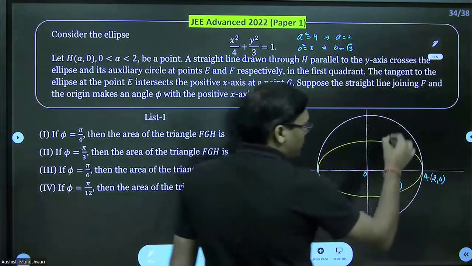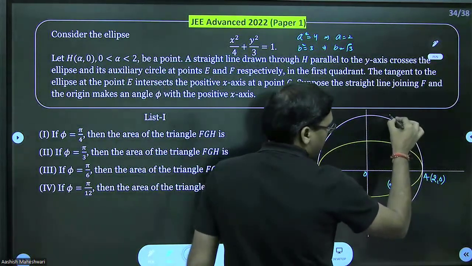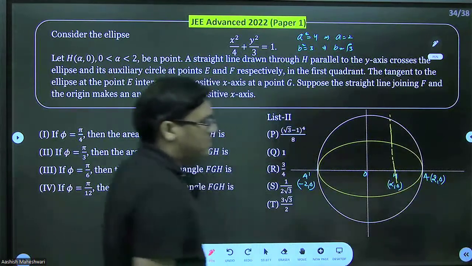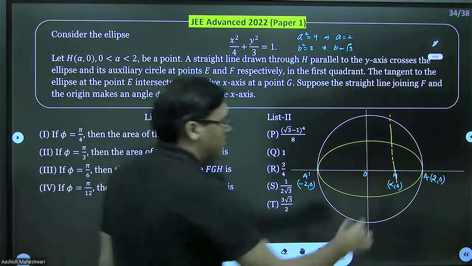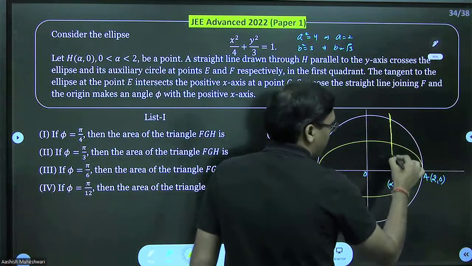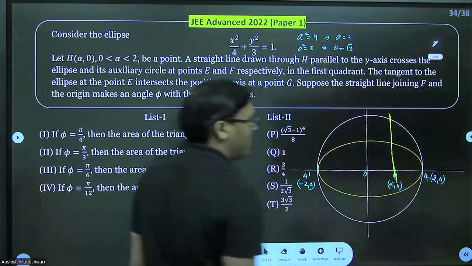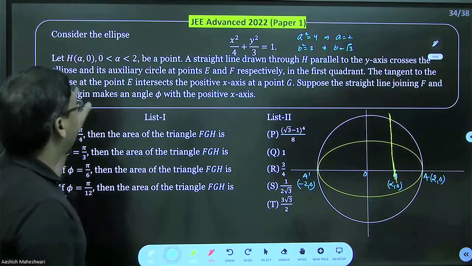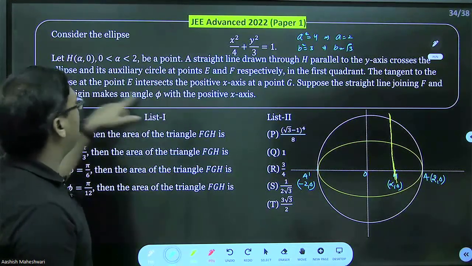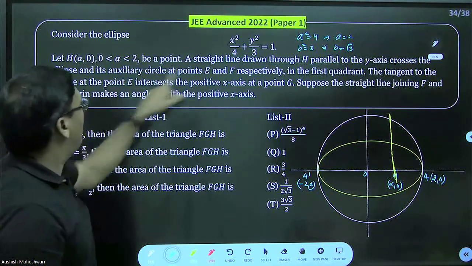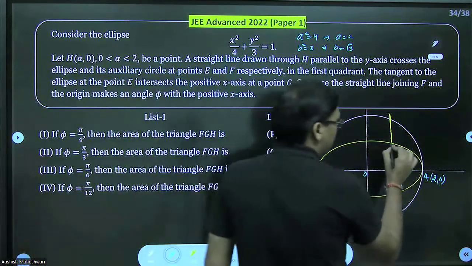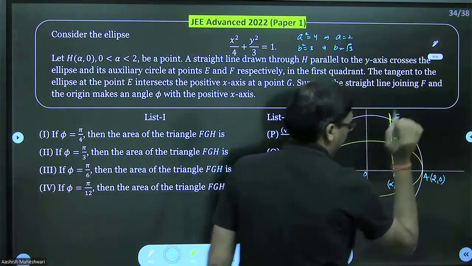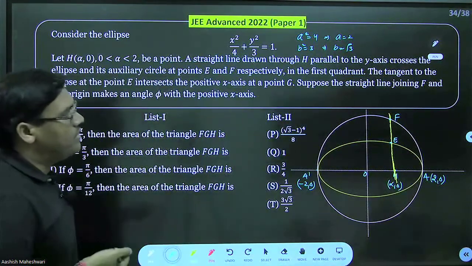So now through H we are drawing a line which is parallel to the y-axis. We have drawn this line through H parallel to the y-axis. You can see this is the line which is parallel to the y-axis passing through H, right? And now see, this is intersecting. It is given in the question that the line parallel to the y-axis intersects the ellipse at point E and the auxiliary circle at point F. So this is intersecting the ellipse at E and the auxiliary circle at F, right in the first quadrant.